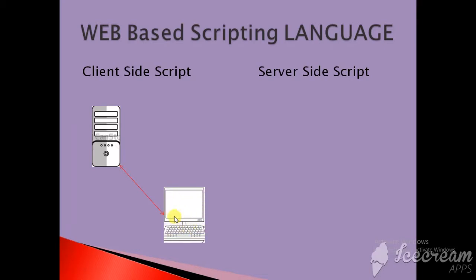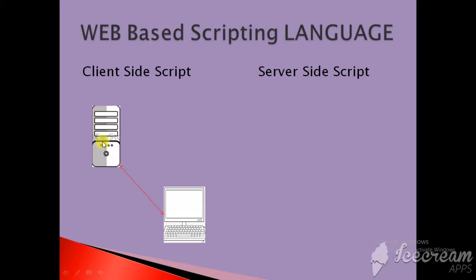Whoever is visiting your system, or any visitor who wants to send a request to you on your web browser, will send the request through the web browser. This request will go directly to the server.